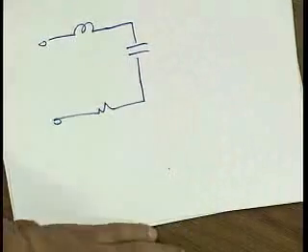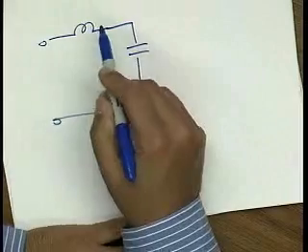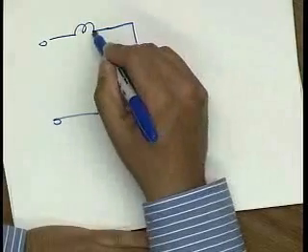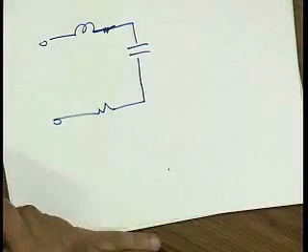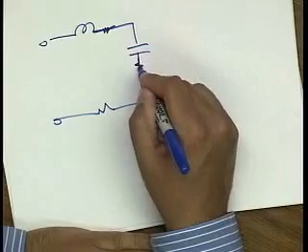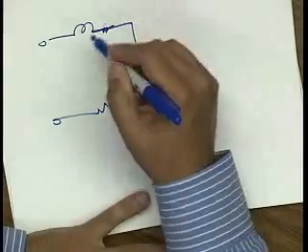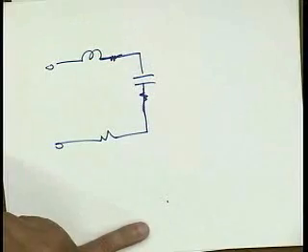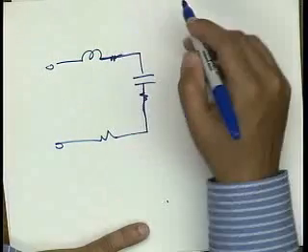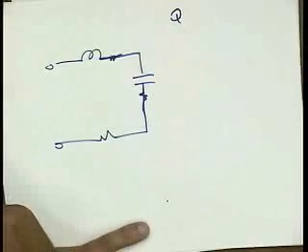again, a series RLC circuit, but I find that my inductor actually has some parasitics. So it has some resistance here, and my capacitor also has some parasitics. So the way the manufacturer will usually specify the parasitics is to tell you what the quality factor of the component is at a particular frequency.